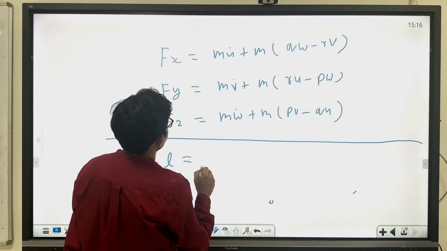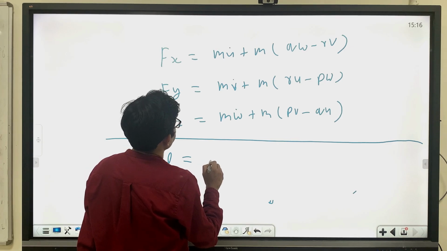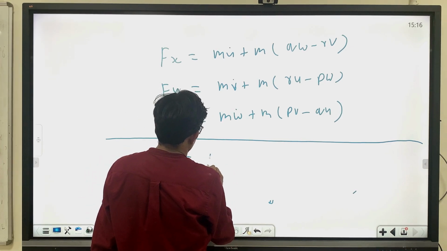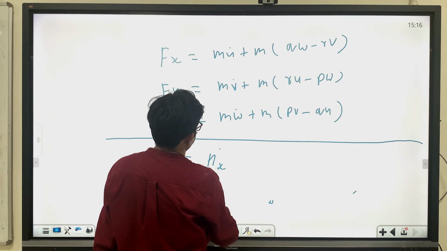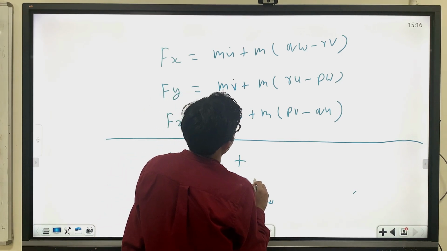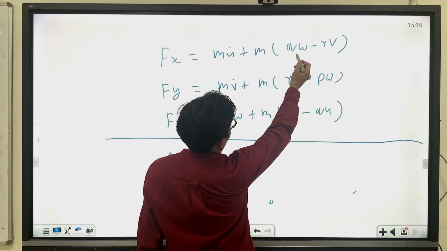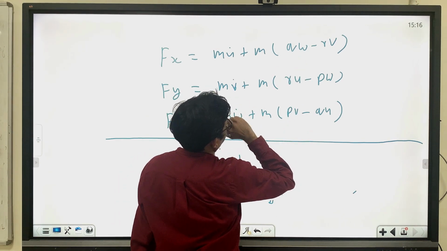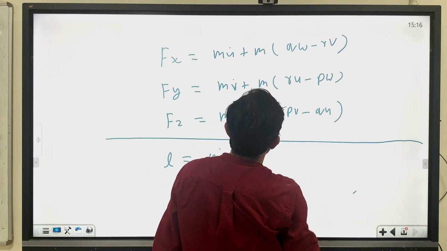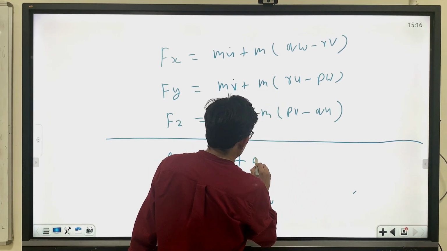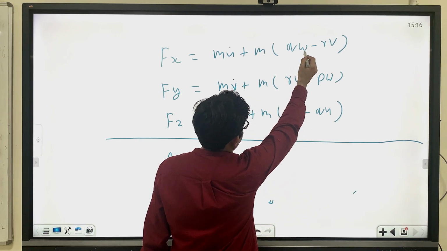You can write Hx dot plus, what is Q? This is the Z direction, right?